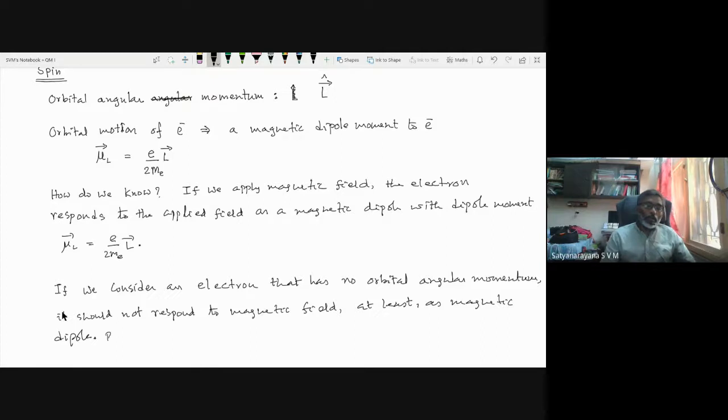But it does. It does respond like a magnetic dipole. What does that mean?